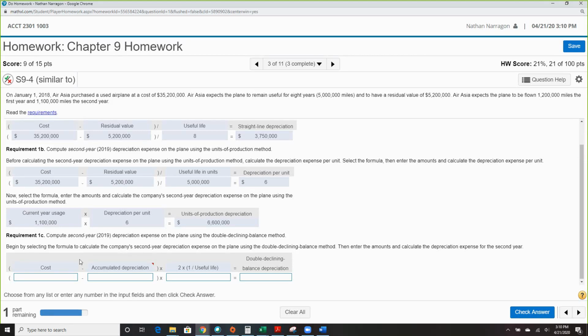Brain not working a different way that we did the formula. So, cost, again, was 35,200,000. And accumulated depreciation. Wow.